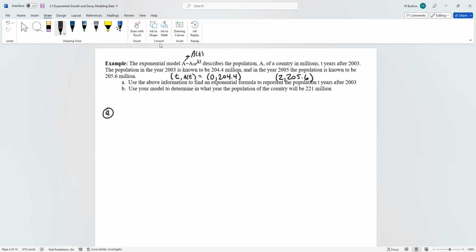Okay. Now, if you're given what we would call the initial value, which is at T equals 0, use that one first. Don't try to plug the other one in, because you're going to run into a roadblock. So let's use that first point, right? We have A of T equals A naught e to the kt. I am letting T equal 0, and I'm letting A of 0 equal 204.4.